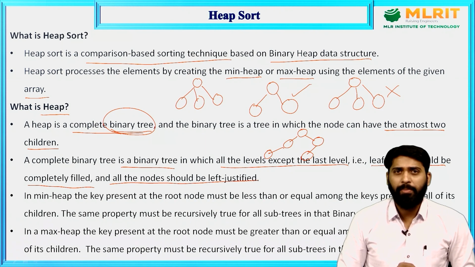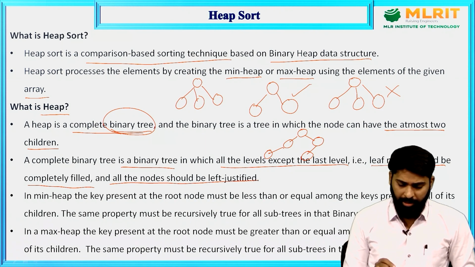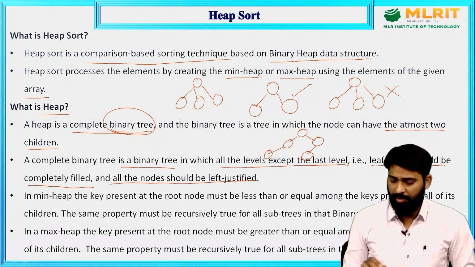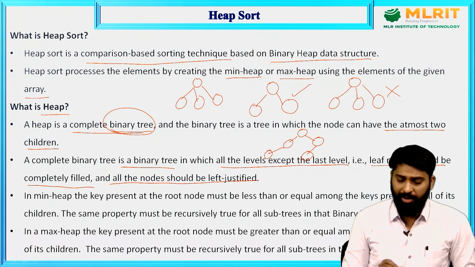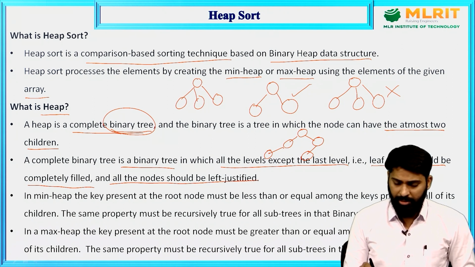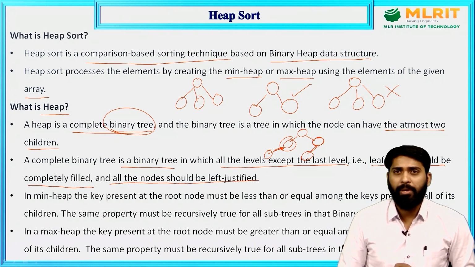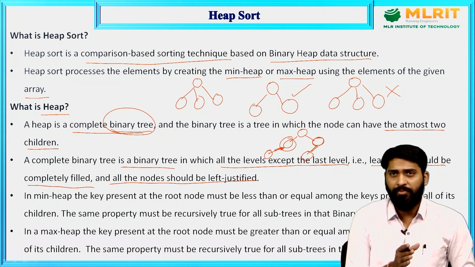What is a complete binary tree? In a complete binary tree, all the levels except the last level should be completely filled and all the nodes should be left justified. Here, this node has one child and on the right side a child has another child. In a complete binary tree, all the children are filled from left to right.